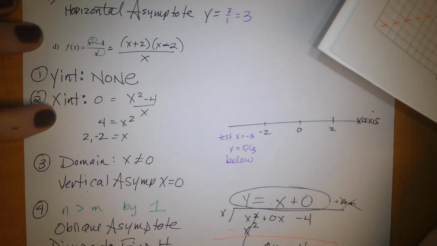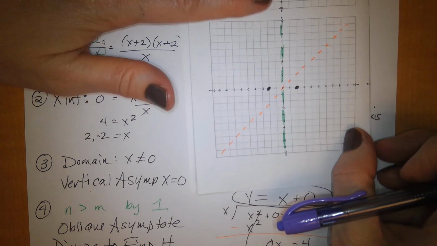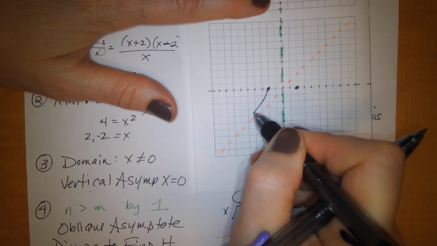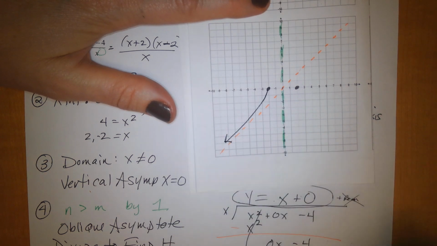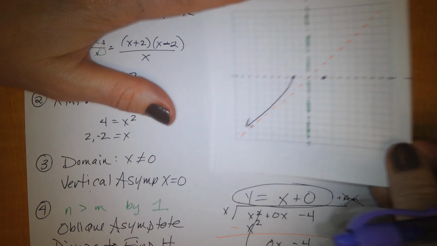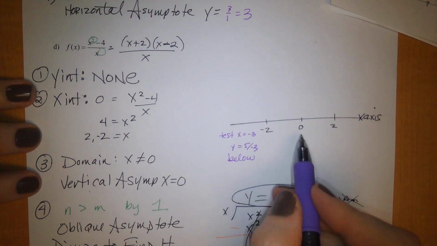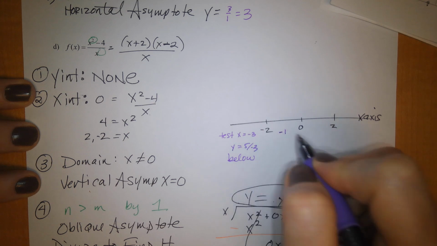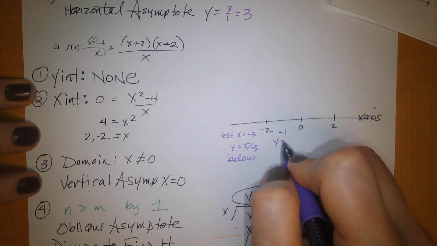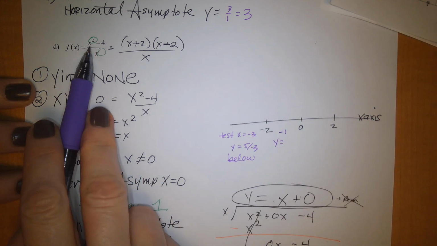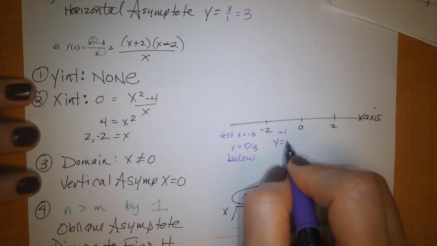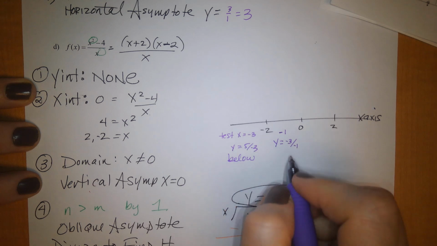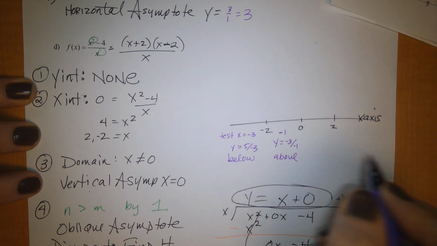So on my graph, anything to the left of negative 2 will be below the x-axis, which makes sense because it's going to approach this asymptote. Now what happens in between negative 2 and 0? So let's test negative 1. When I plug in a negative 1 for x, I get 1 minus 4 is negative 3 over negative 1, which is a positive 3, which is above the x-axis.